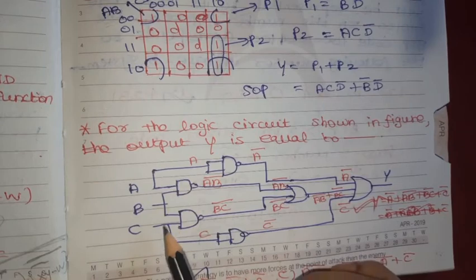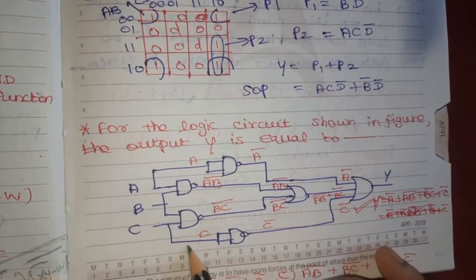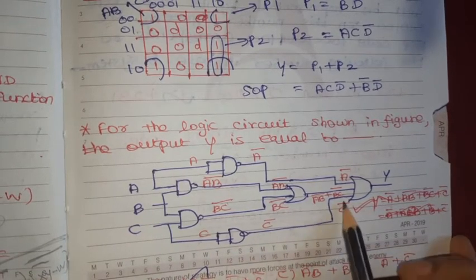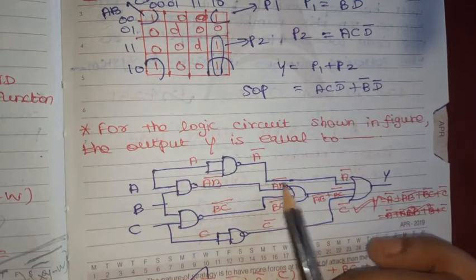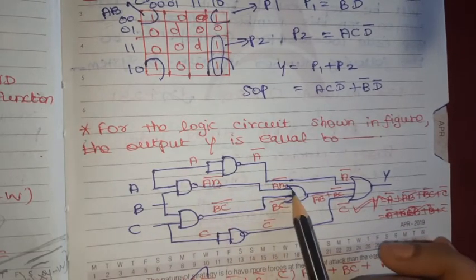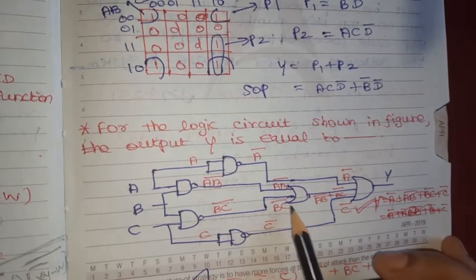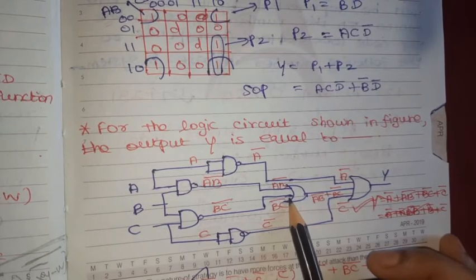This is a NAND gate. Then here B, C, BC the whole bar. Here C will come, the output is C bar. So C bar will go here. Okay. Then what is the output? A bar. Here A bar, AB the whole bar, BC the whole bar given to the OR gate.